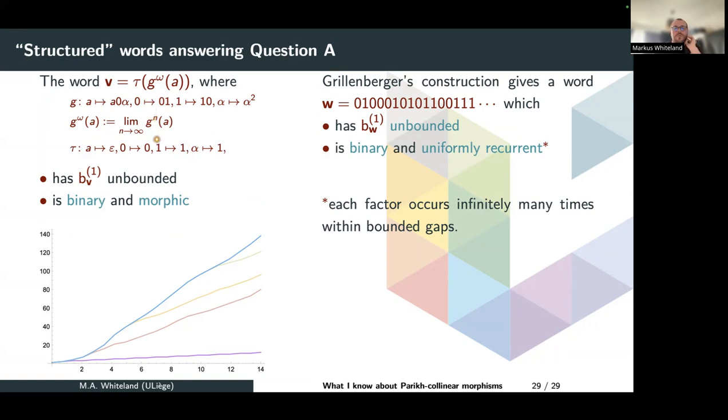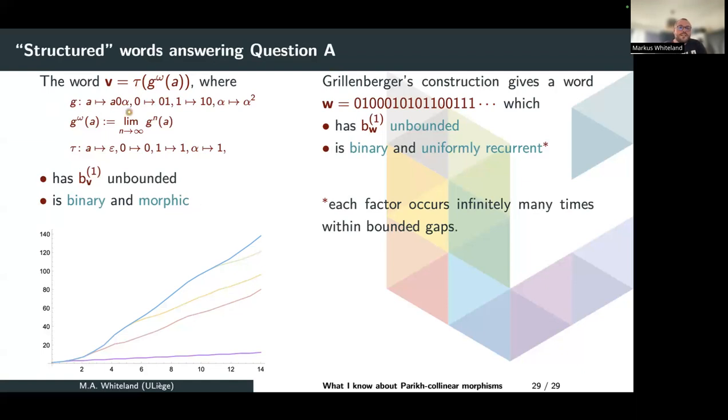So the binomial complexity functions will always obey this relation that, let's say, the abelian complexity function is always bounded by the two binomial complexity function, and for infinitely many n, there is a strict inequality. And here, this is a morphic word that we made for this particular answer.